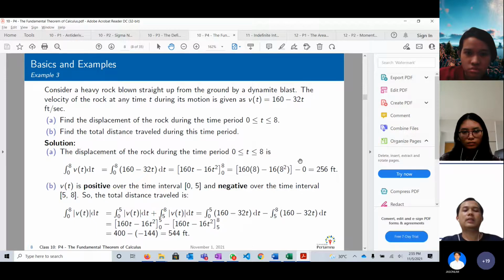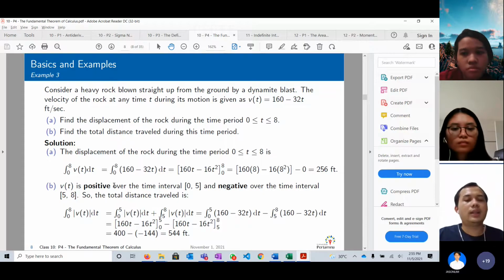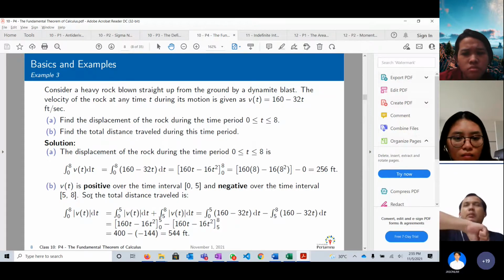Karena kita mau hanya mencari jarak dari posisi dia sekarang dibanding posisi dia di awal. Sehingga kita cukup pakai definite integral ini. Untuk yang B, kita memperhitungkan yang naik ditambah yang turun berapa.